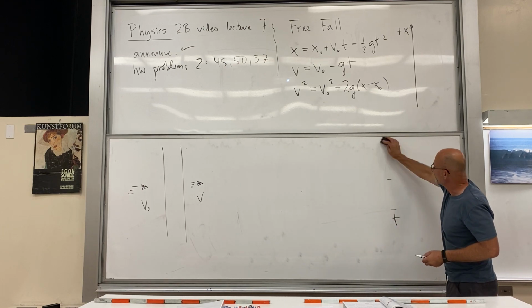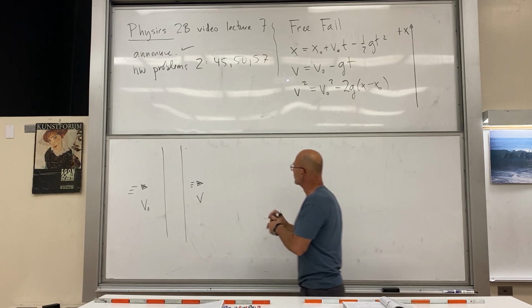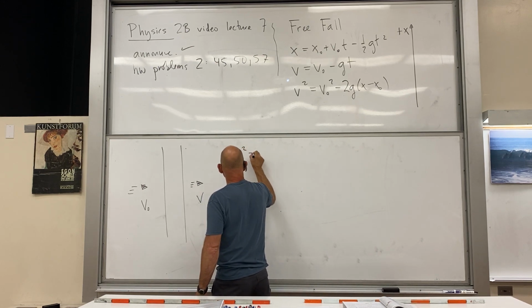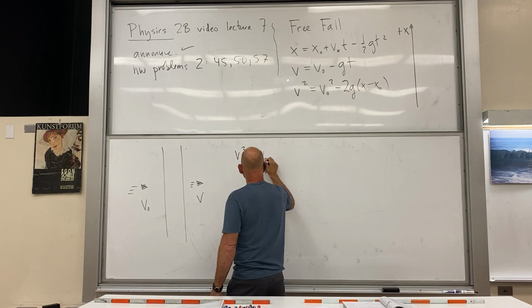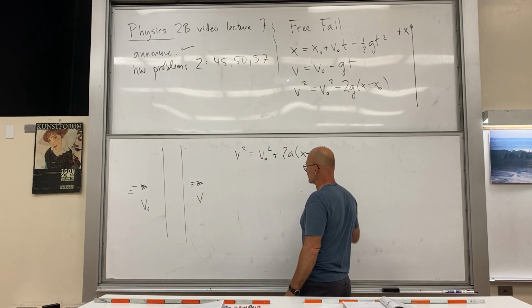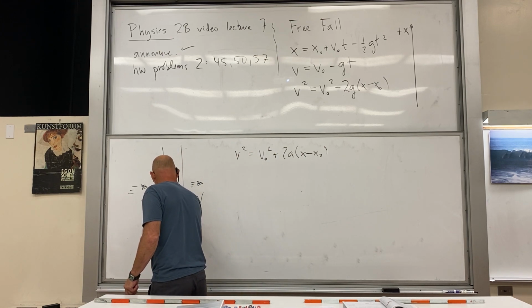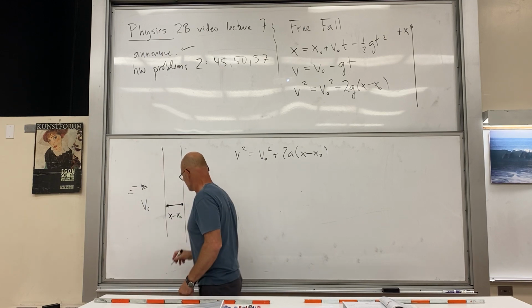So this time we're using equation 3, but it's not a free fall problem, so we're just using V squared is equal to V0 squared plus 2a times x minus x0. And we can let the thickness be x minus x0.